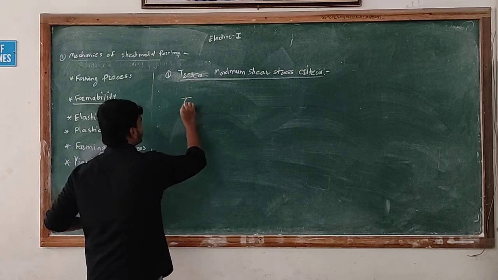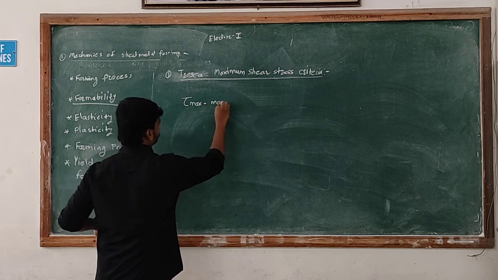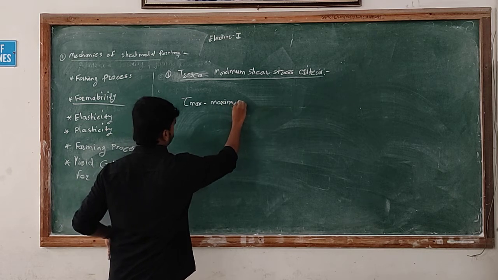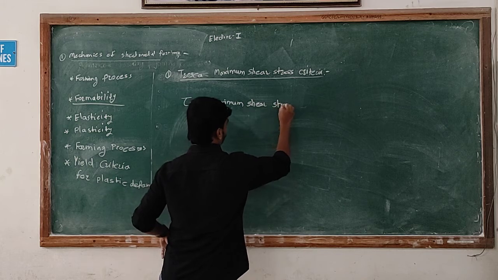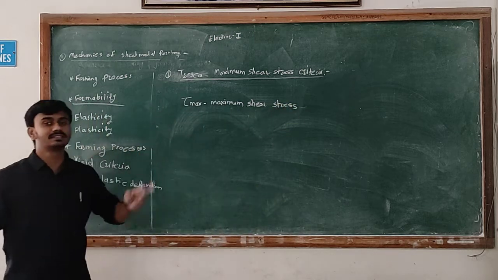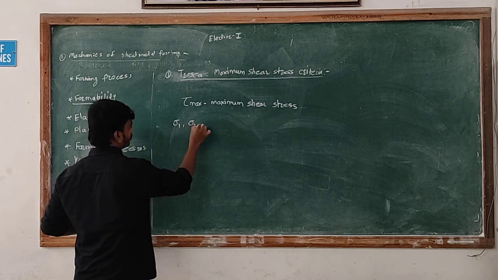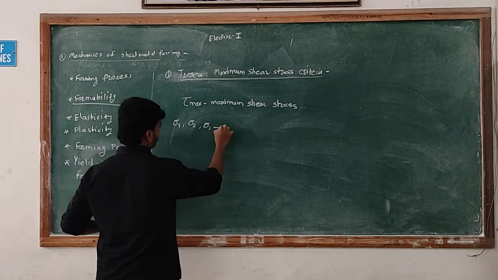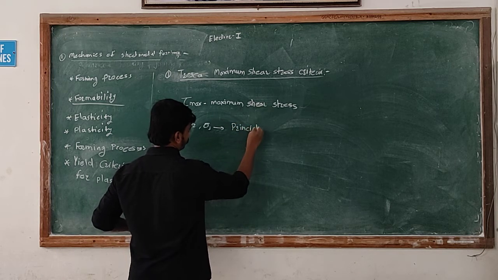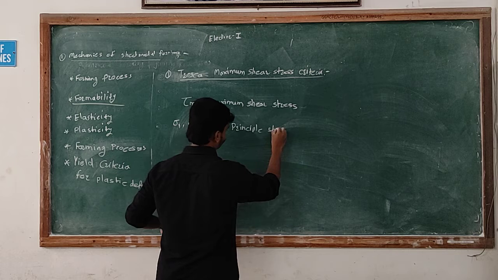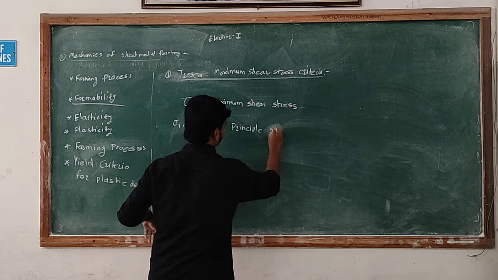Okay, let us consider tau max is the maximum shear stress. Sigma 1, sigma 2, sigma 3 are the principal stresses.